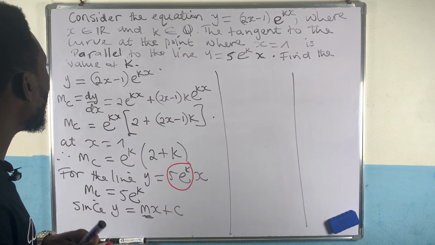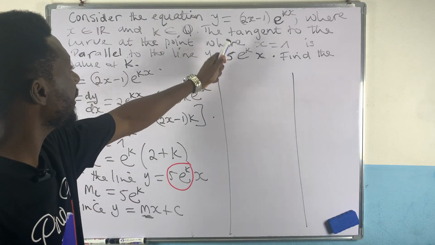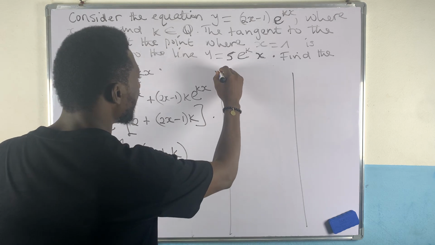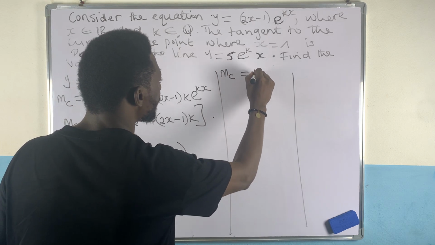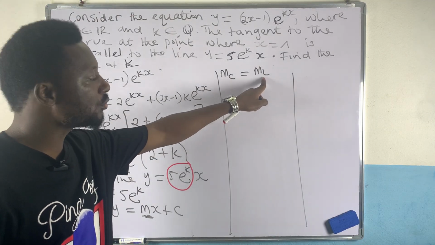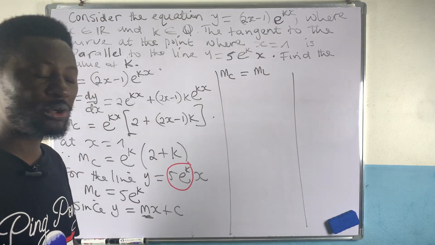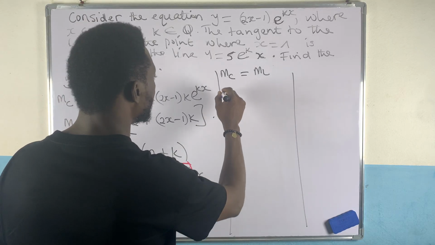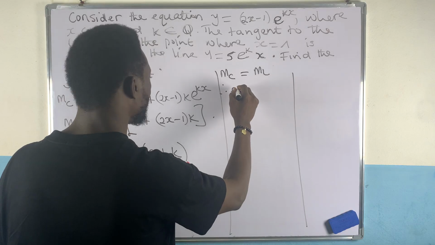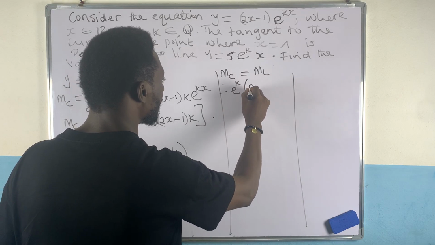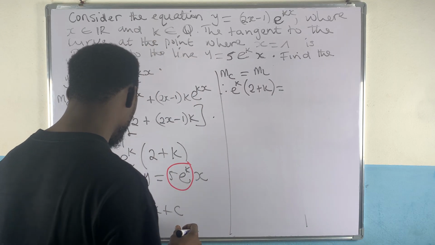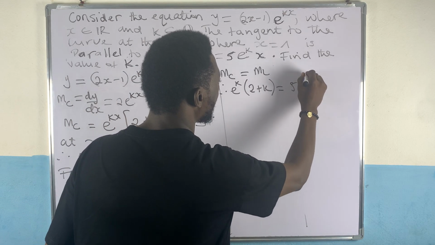And they told us that they are parallel. So if they are parallel, then the gradient of the curve should be equal to the gradient of the line at that point x equals 1. It means, therefore, that e exponent k times (2 plus k) should be equal to 5e exponent k.